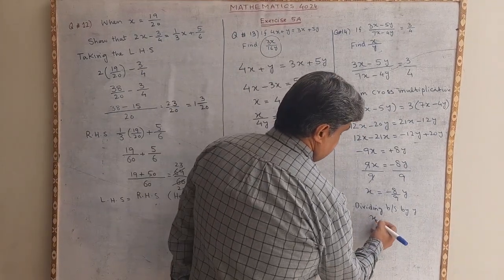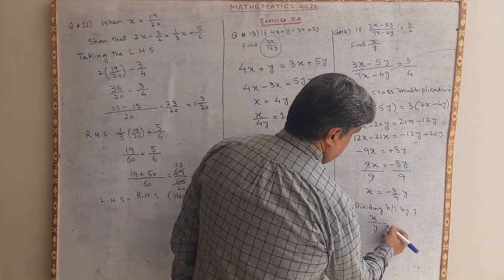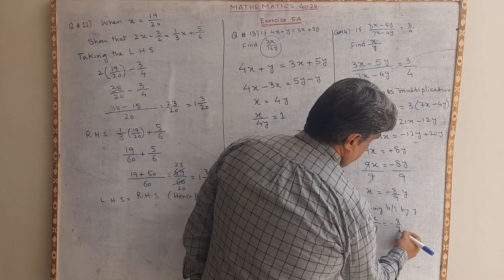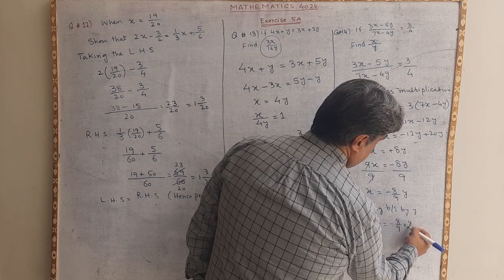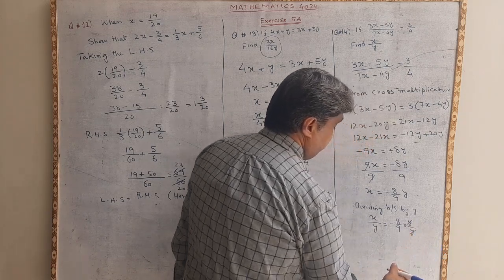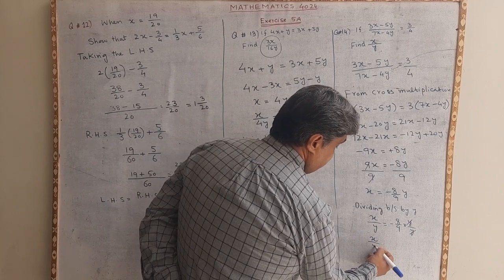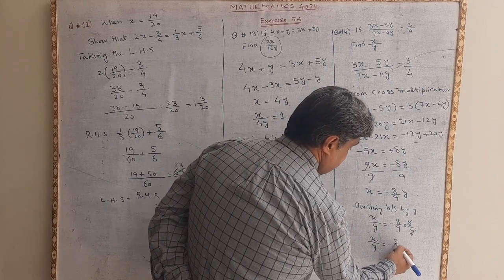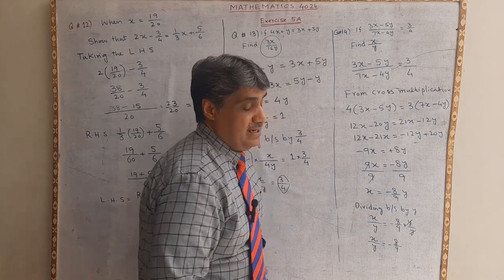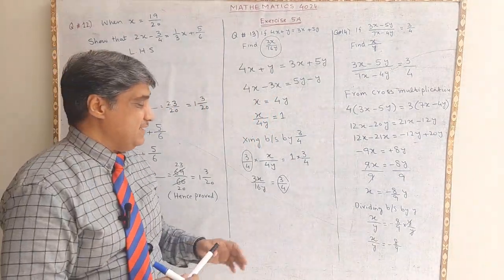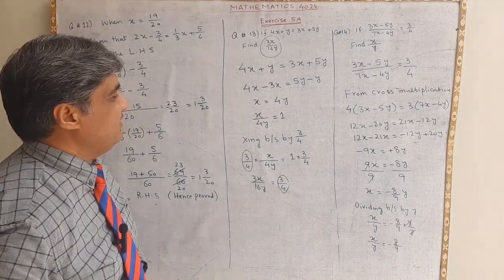So x divided by y is equal to minus 8 over 9, y divided by y. This y will be cancelled with this one. So we will be left only with minus 8 over 9. And that is the ultimate answer, ladies and gentlemen.